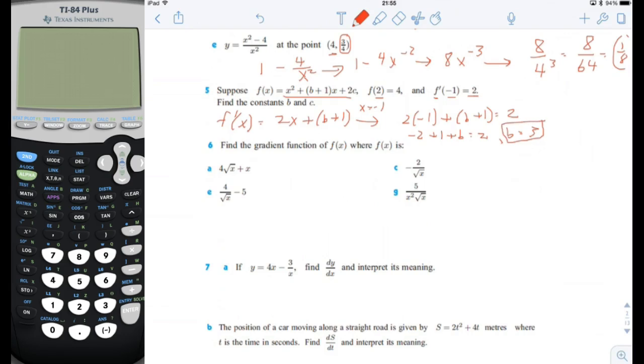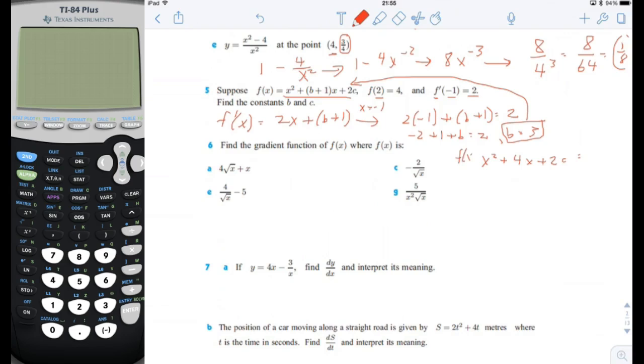Now since we know that b equals 3, we can put it back in there, and now we'll probably be able to figure out what c is. So we'll have x squared plus, and b plus 1 would be 3 plus 1, which is 4x, plus 2c. So that's our function.